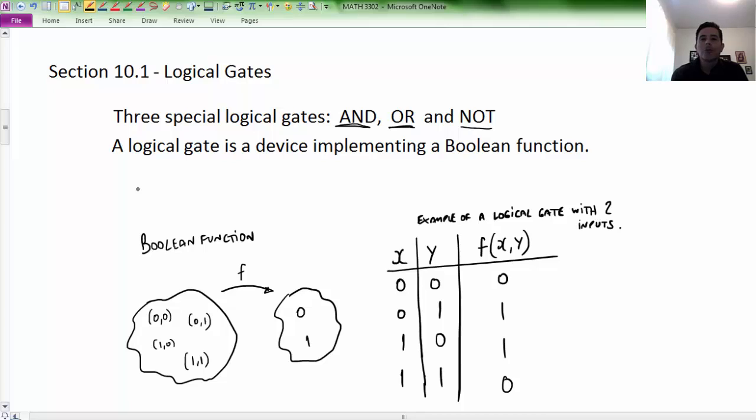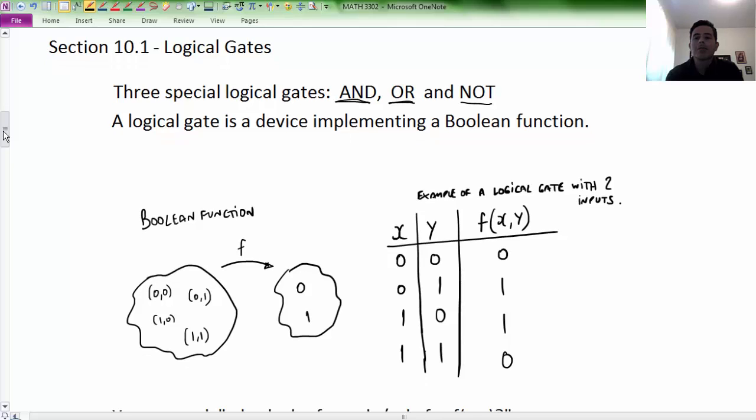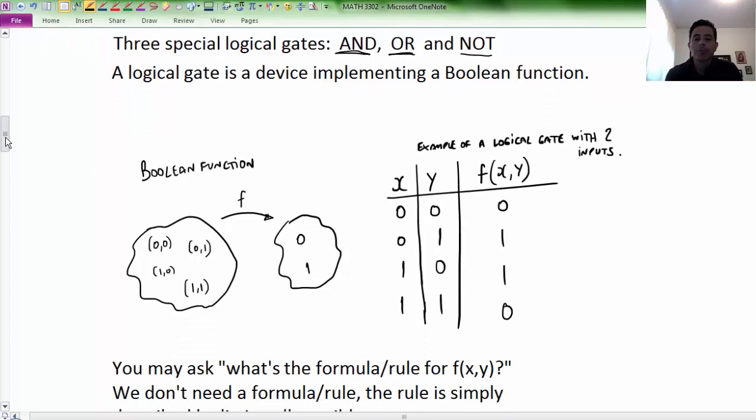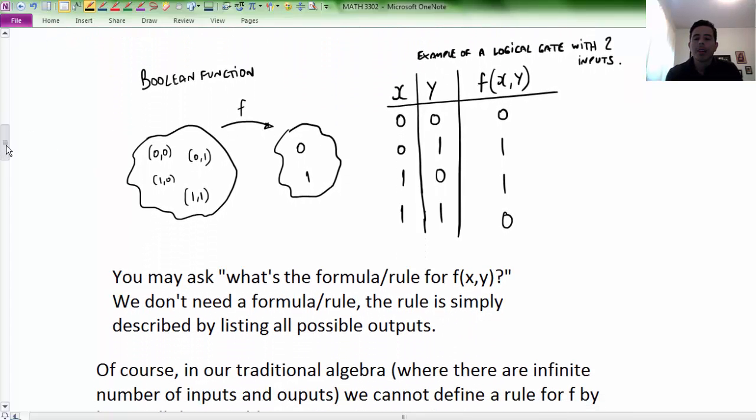For those of you who are familiar with truth tables, this is pretty much the same thing, but we're going to do a little bit more, and we're going to also describe something called Boolean algebra, and we're going to deal with that algebra as well to simplify some of the circuits that you can construct with those ANDs and ORs and NOTs. And that's the application of discrete math that we're going to see. All right.